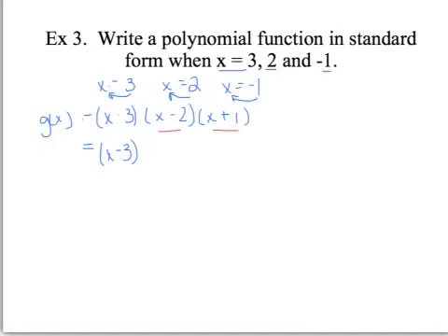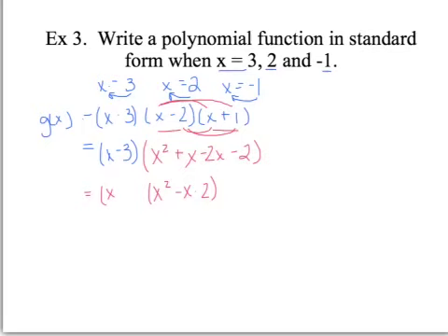And now let's multiply, and we get x times x, and then we have x plus 1, or x times 1. Then we're going to multiply both of those by negative 2. And you're going to get really good with combining like terms in your head. So this becomes x squared minus x minus 2.